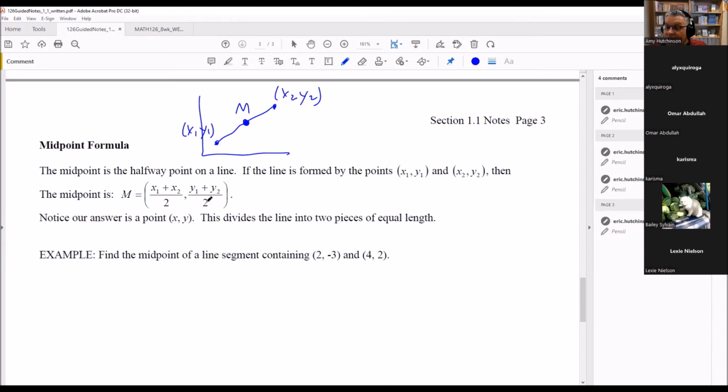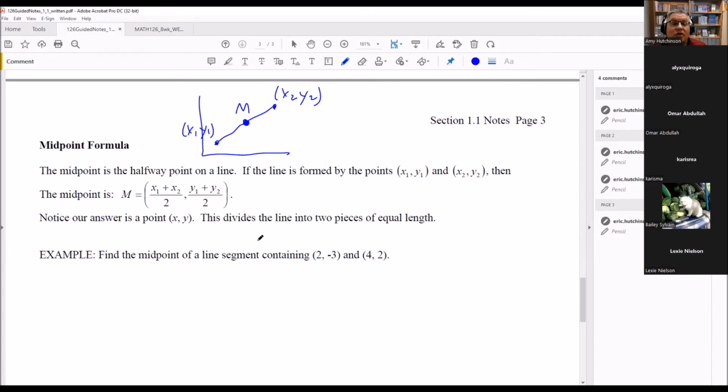So my answer is going to be some kind of coordinates. I will get an x and a y as my answer. So I'm always going to answer this with a point. Whereas with the distance formula, you're going to get some number left over. Midpoint requires you to write an actual point. Now, when you write these in MyOpenMath, if you get something up there that says invalid notation, then probably that means you forgot to put the parentheses around something.